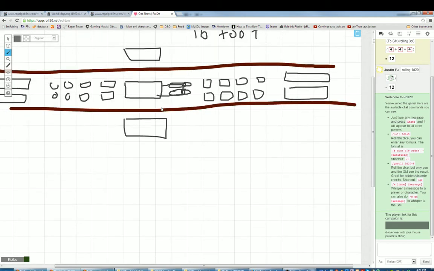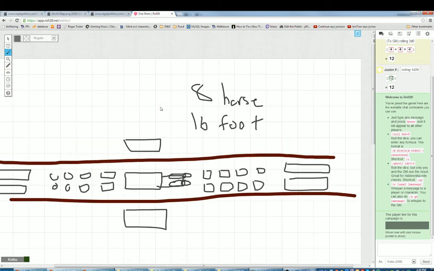Does that sound right? I would send 8 horseback riders, including a badass guy to lead them. And then 16 foot soldiers, because that's a lot of dudes, especially if you're wearing military trappings.